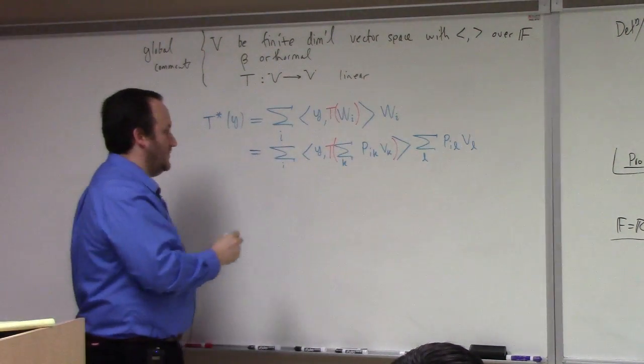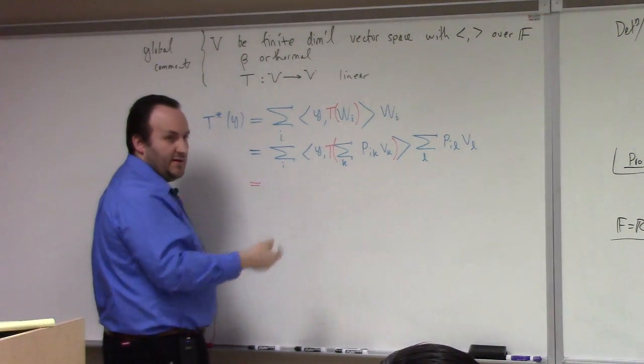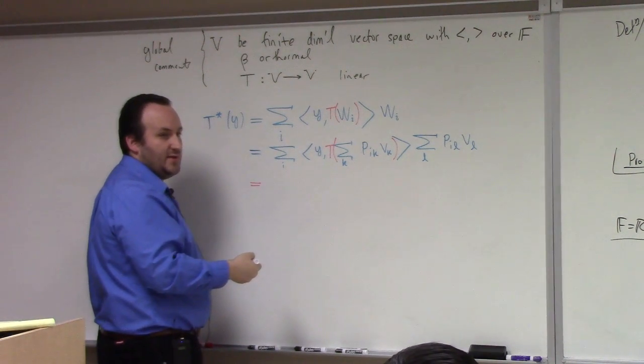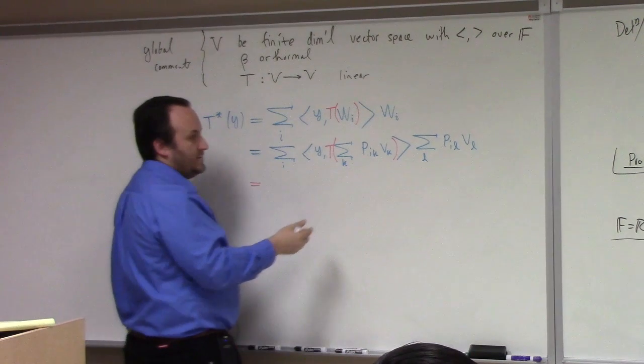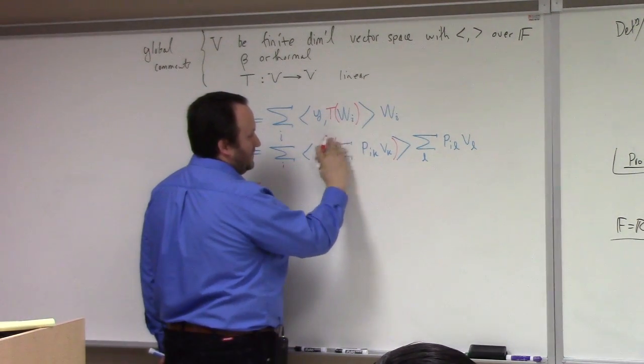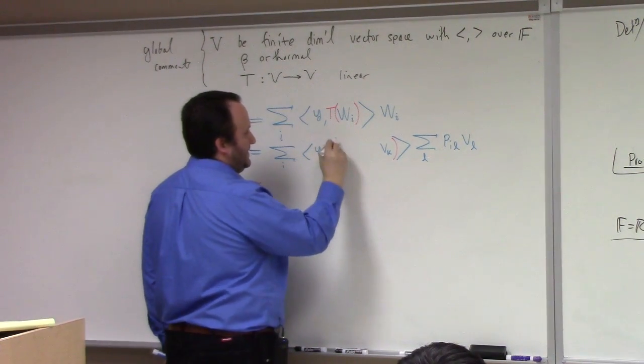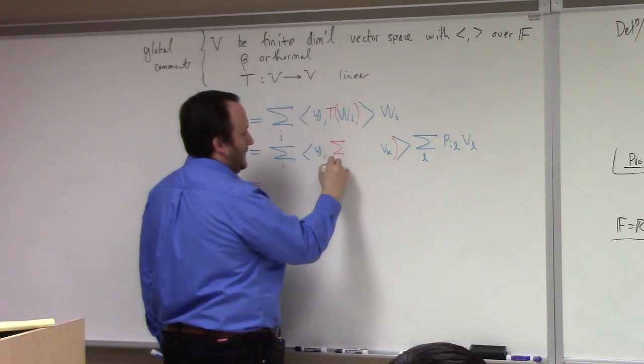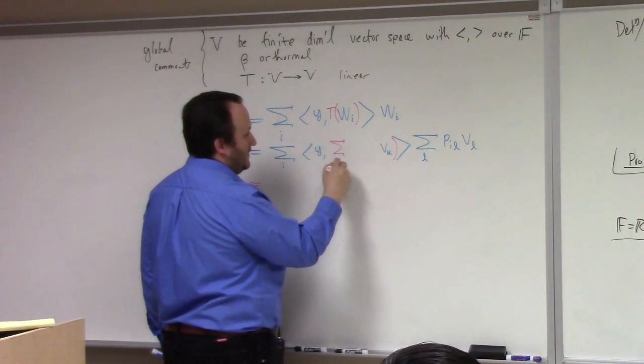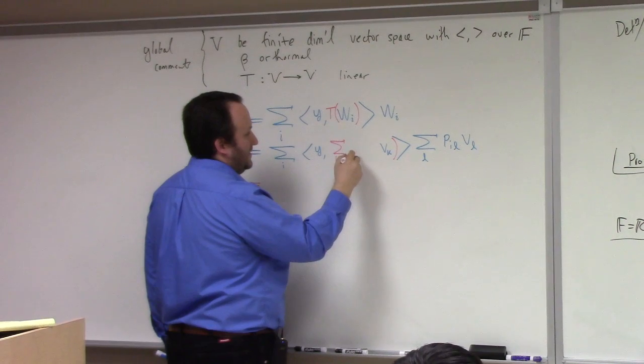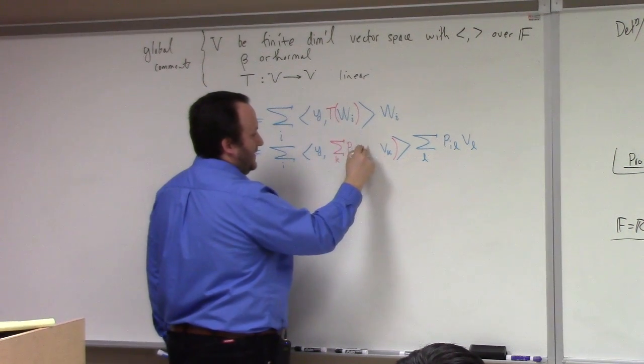All right. So using the linearity of T, I can rewrite this as the sum over k of conjugate p_ik T of v_k, right?